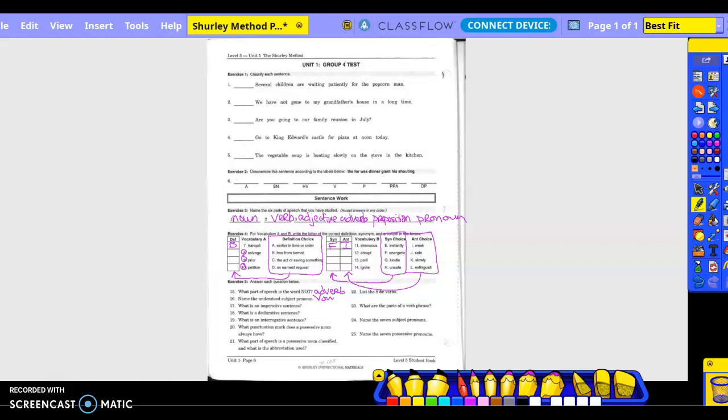What is an imperative sentence? What is a declarative sentence? A statement. Interrogative sentence. Question.